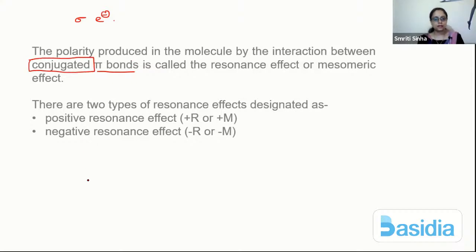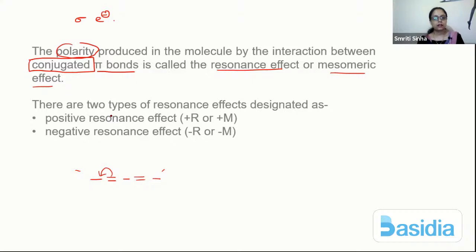If you have a conjugated system, meaning alternate double and single bonds like this, then only resonance can occur. This type of effect, due to movement of this bond, causes polarity in the molecule and is called resonance effect or mesomeric effect.